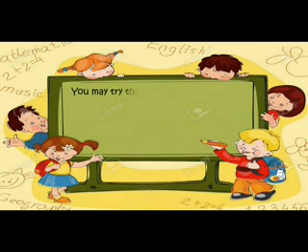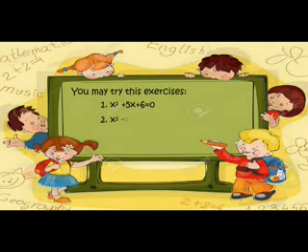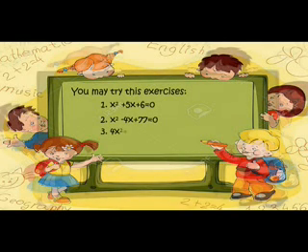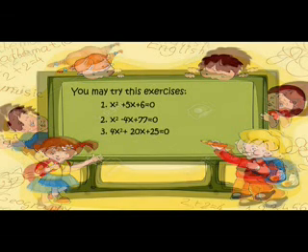Now, you may try this exercise. Number 1, x squared plus 5x plus 6 is equal to 0. Number 2, x squared minus 4x plus 77 is equal to 0. Number 3, 4x squared plus 20x plus 25 is equal to 0.